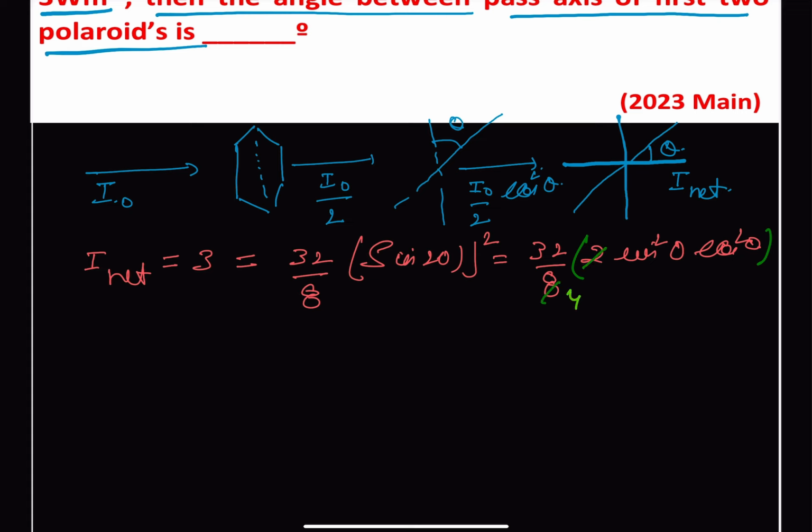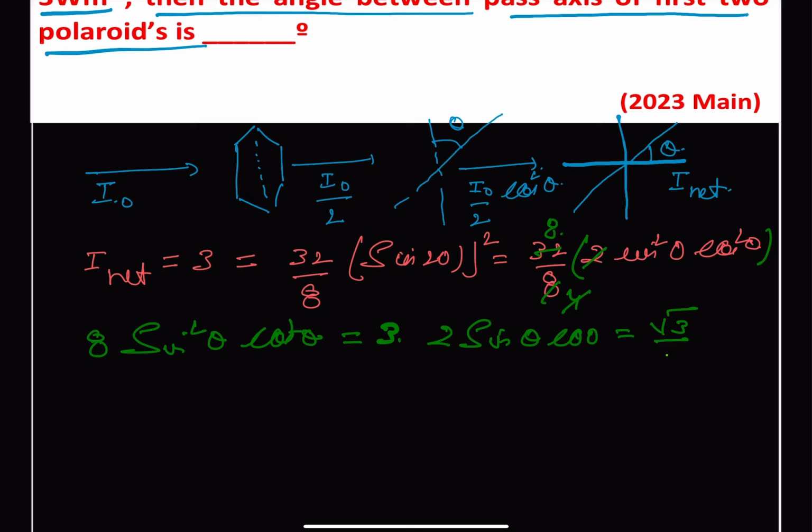This goes by 4 and this goes by 8, so we are left with 8 sine squared theta cos squared theta equal to 3, so sine theta cos theta is square root of 3 divided by 2.